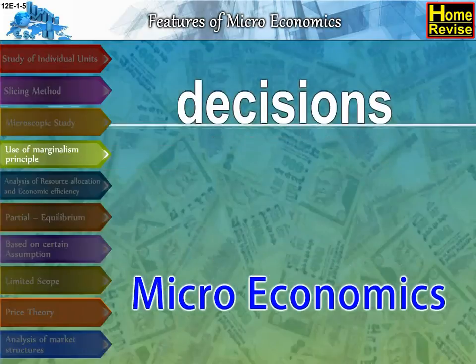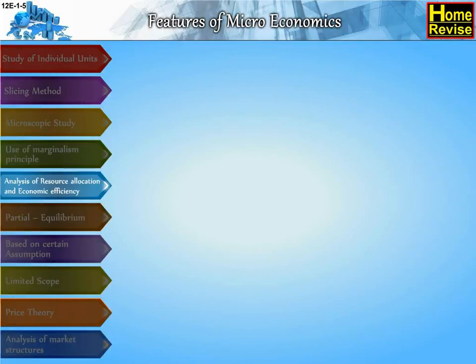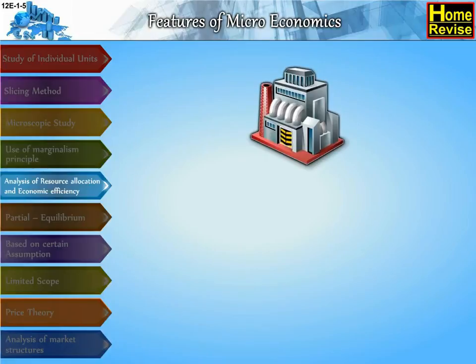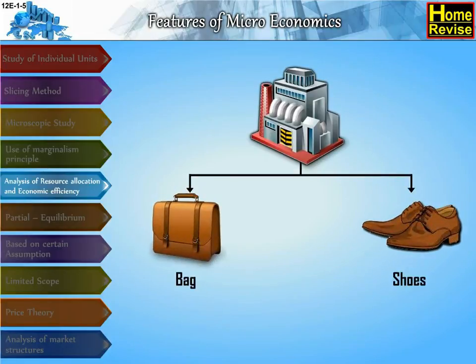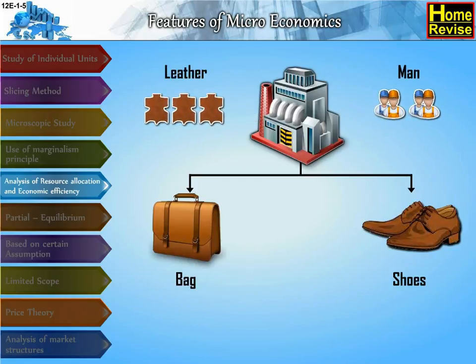The fifth feature of microeconomics is analysis of resource allocation and economic efficiency. There is a company having bags and shoes as its major products, wherein leather and manpower are two resources used for its production. Here, leather is being used in production of both bags and shoes.